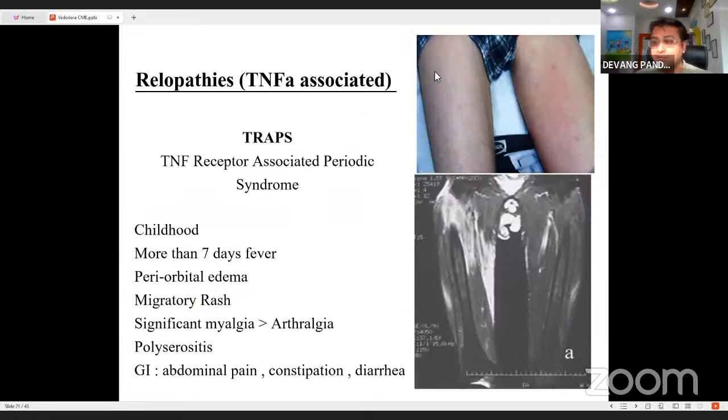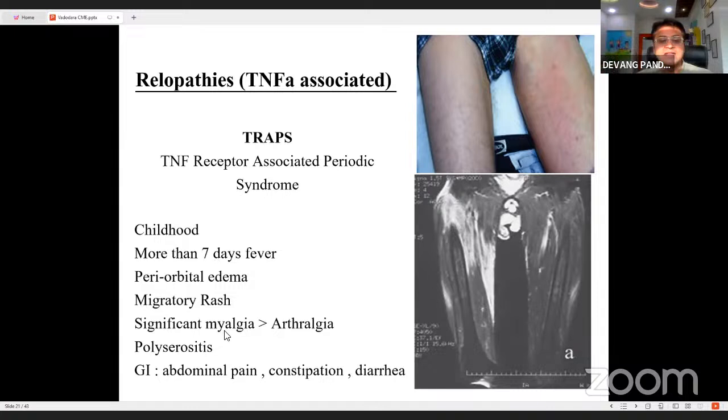Now, the other group of disorders, associated with TNF alpha cytokine, is known as relopathies. The main dominant disease is TRAPS, TNF receptor associated periodic syndrome. The presentation is similar to FMF, but here the febrile episode lasts more than 7 days, while in FMF it is a short episode of 1, 2, 3 days.